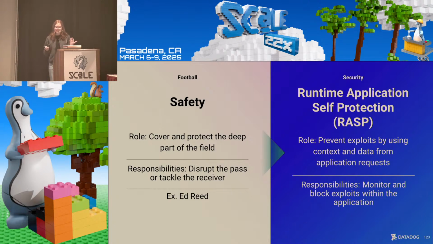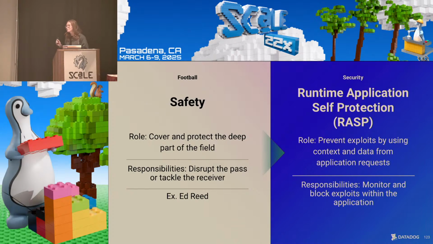A RASP is not great at blocking DDoS attacks because it's in the app. All the hundreds of thousands of requests that a DDoS attack is trying to make, it's already gone through the server at this point. So not as good there. It does have good visibility into the threat landscape, and this is improved over a traditional WAF.